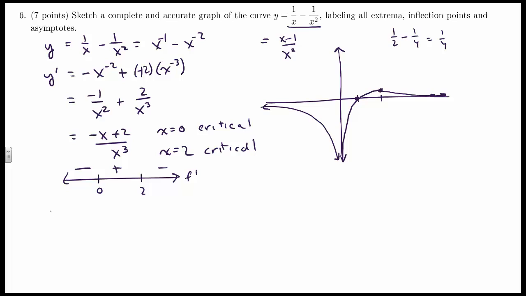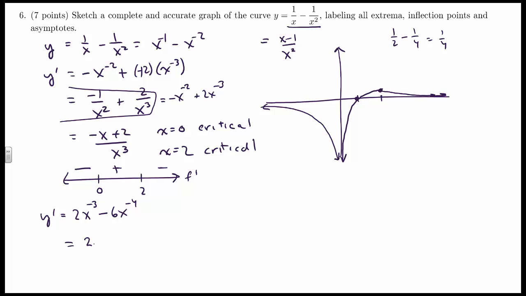Let's take a look at the second derivative. Let's use this as our first derivative. So the second derivative is going to be, let me rewrite that, x to the negative 2 plus 2x to the negative 3. The second derivative is going to be 2x to the negative 3 minus 6x to the negative 4th, or 2x minus 6 over x to the 4th.